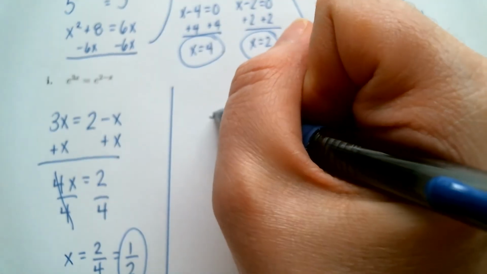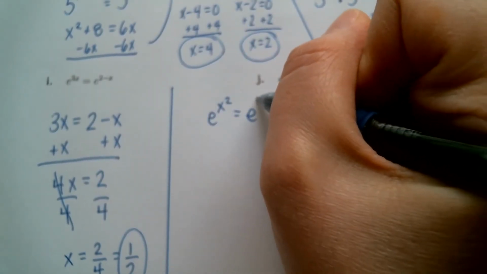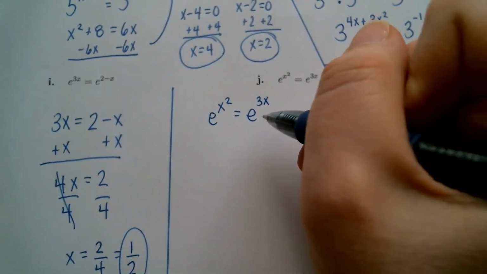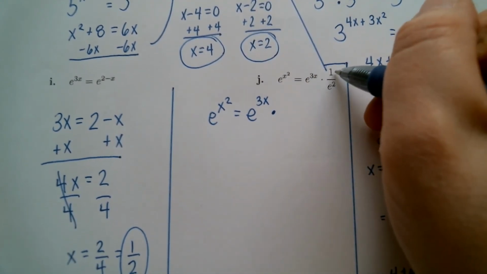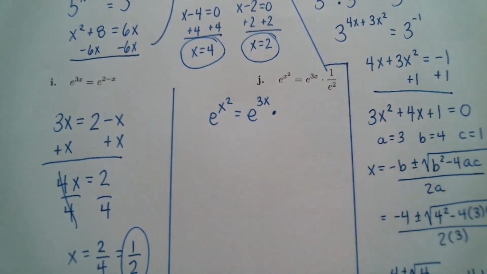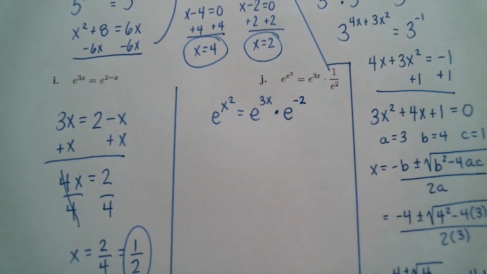All right, so I'm going to write down what I have. I have e to the x squared is equal to e to the 3x times, and then remember, you can move this up and get rid of the fraction. This is e to the -2.